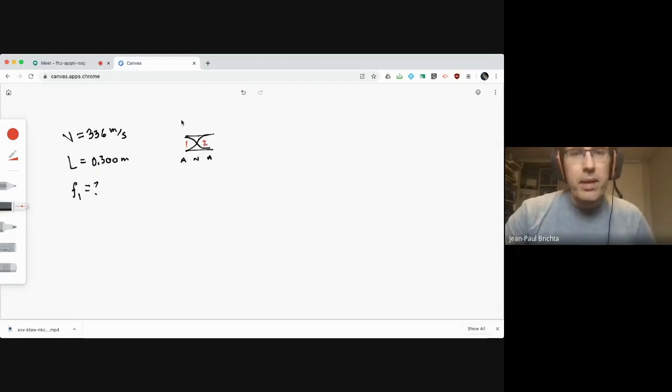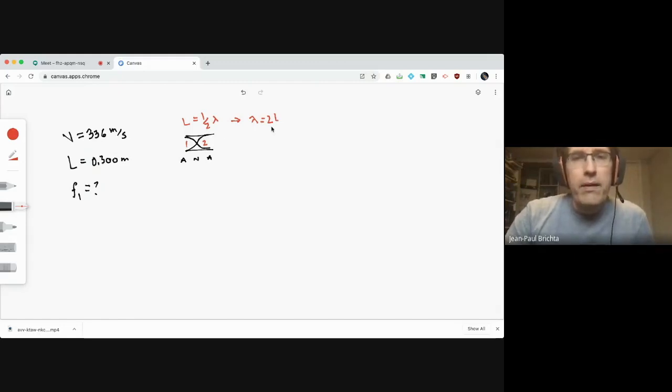So that means that my length is equal to 2/4 or 1/2 lambda. I'm able to fit 1/2 of a wavelength inside of this tube. So if I just manipulate this, then lambda equals 2L.